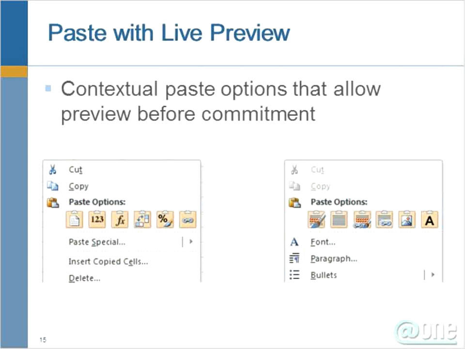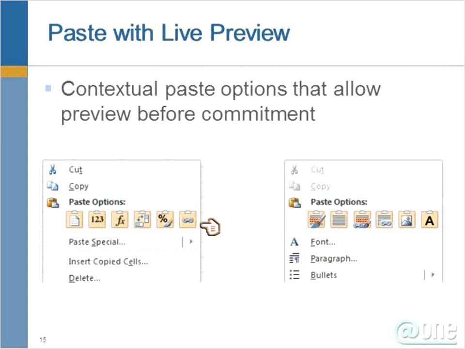So now what they allow you to do is copy from one file and then paste it with a live preview. So when you actually try to paste, the pasting options will show up as these little icons. And then you can just hover over those different options, and it'll show you right on the document or the PowerPoint slide how it will look once you release this button.